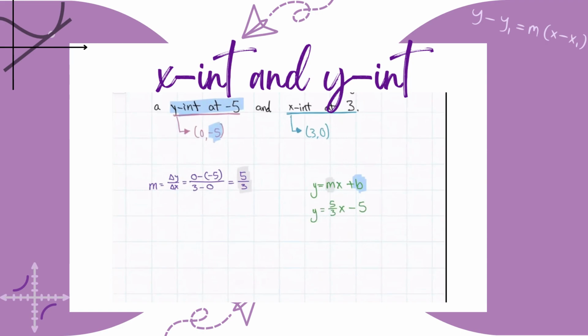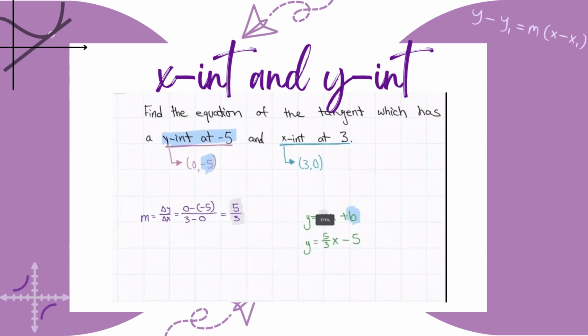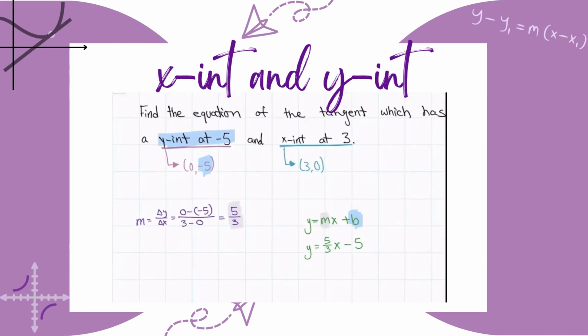Oh, okay. What about the 3? We're just trying to figure out the equation of the tangent. What's your question in terms of what about the 3? Like, do we not use it after finding the slope? Why do we need to use it?